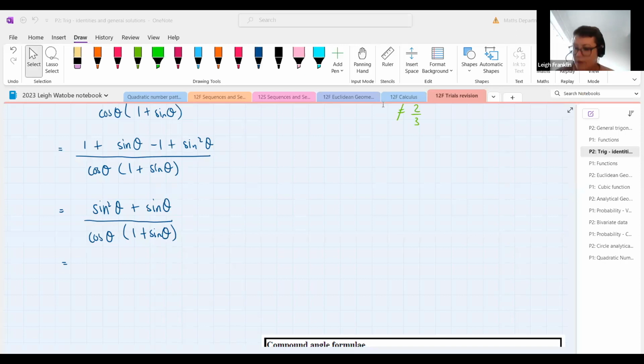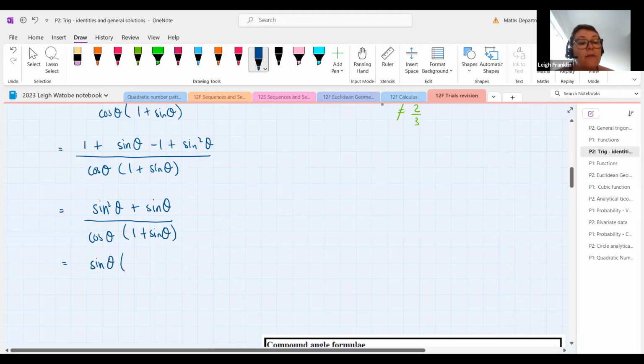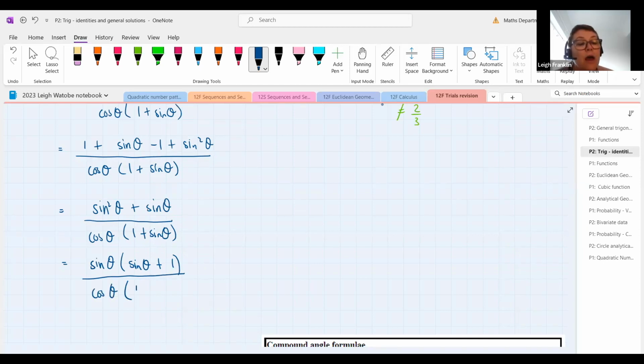All right, take out a common factor, quite right. So I'm going to take out sine theta. That's going to give me sine theta plus 1 over cos theta times 1 plus sine theta. And of course, if I've got sine theta plus 1 or 1 plus sine theta, both terms are positive, so their order does not matter. Okay, not that the order of terms ever matters, but both of them are positive, so I don't even need to worry about taking out a negative. Now I can cancel my factors.